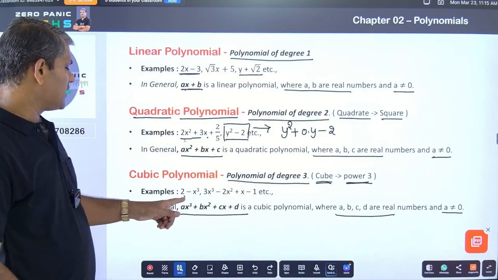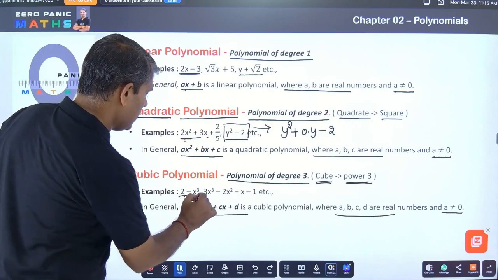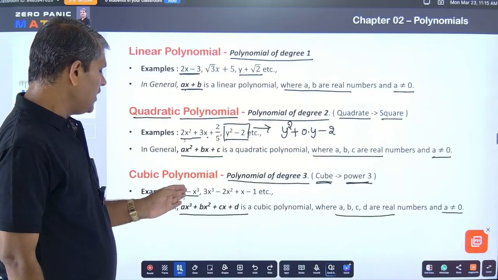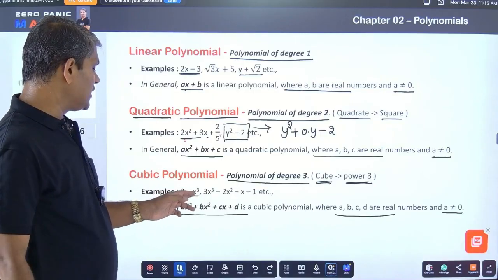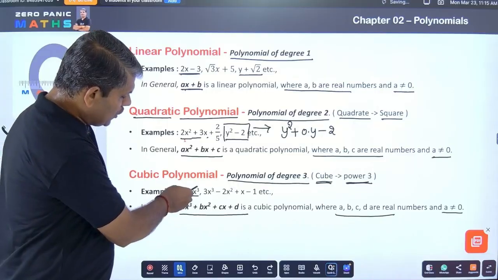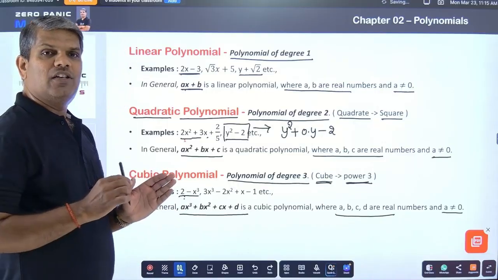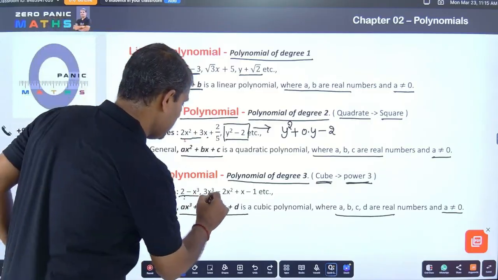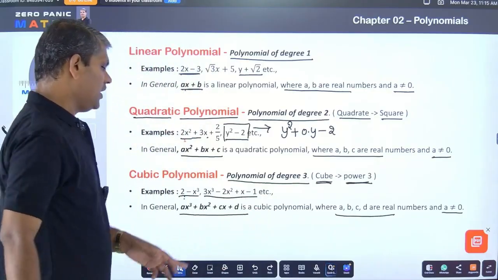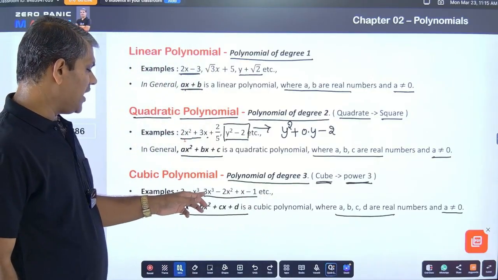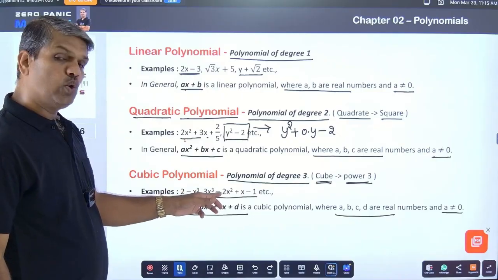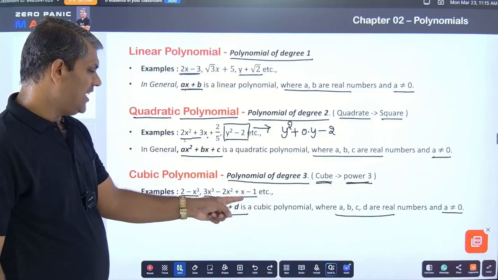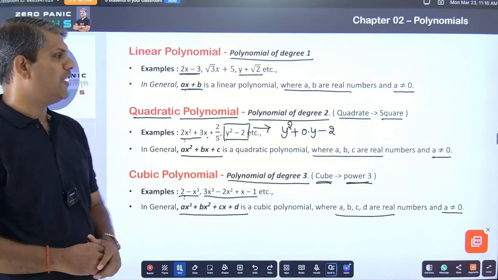Now let us take an example here. Again, you can see this equation is an example of cubic polynomial with only two terms inside it, but you can observe that x cube is the term having the highest power in x. Similarly, this is another example of the cubic polynomial having a equal to 3, minus 2 is b value, and 1 is value c, and minus 1 is the value of d.